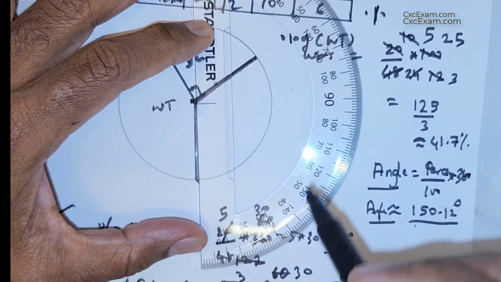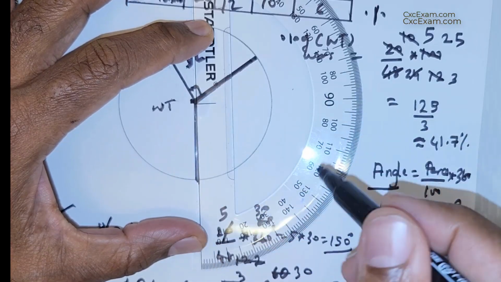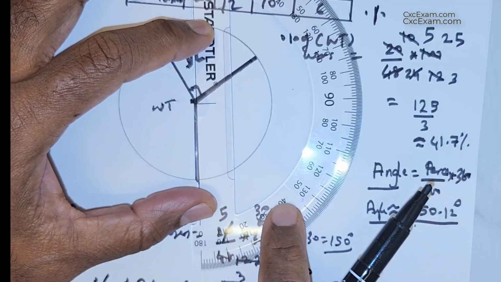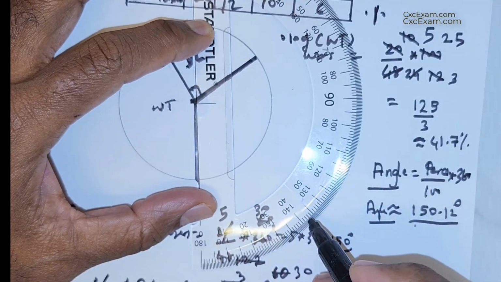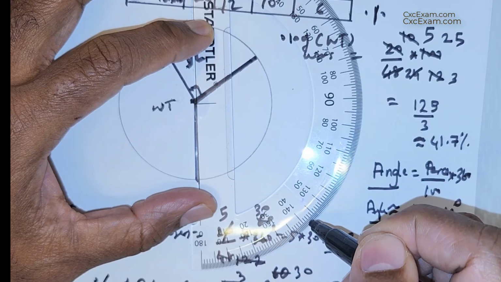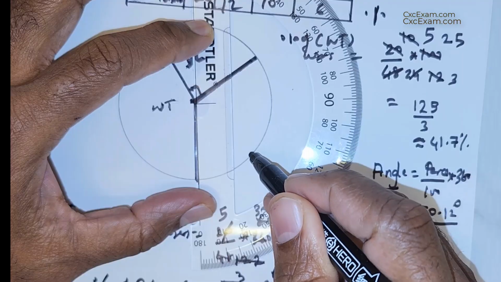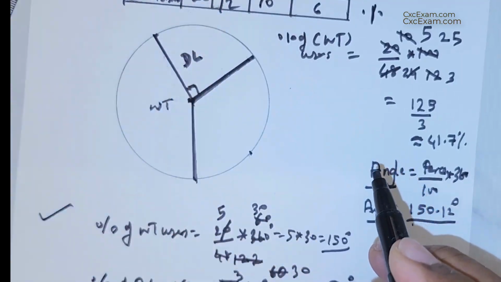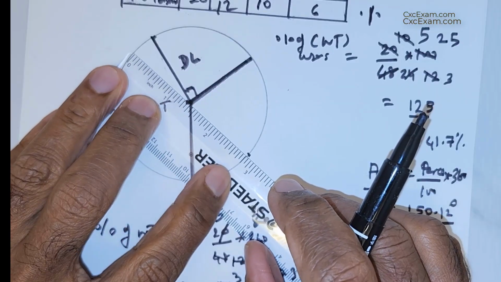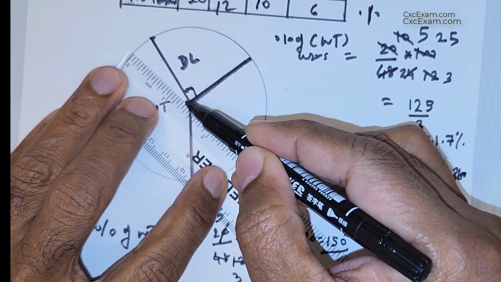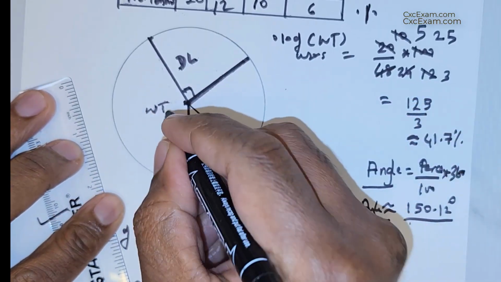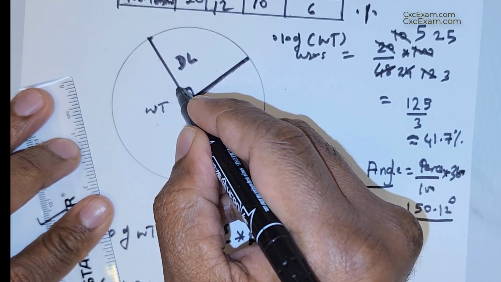With this line being the reference point, my 45 degrees is going to be coming somewhere over here. So this is the point, right? If you were to reference that and place the point, this would be my 45 degrees. So this is 150 degrees.